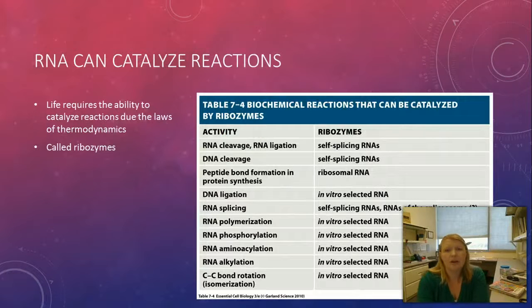As I said, we know that RNA can catalyze reactions. We just saw that happen. And we know, with the laws of thermodynamics, that life has to have the ability to catalyze reactions, because the reactions that we need are not always going to occur in a negative delta G environment. So it's really important to understand that. If we look at our macromolecules, only two have the ability to be catalytic: nucleic acids and proteins.